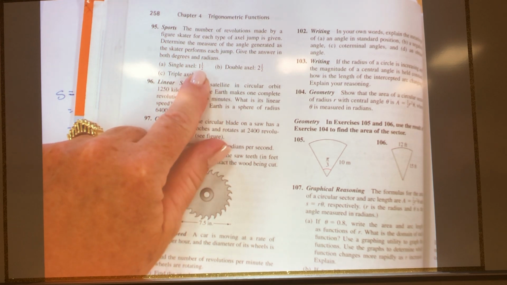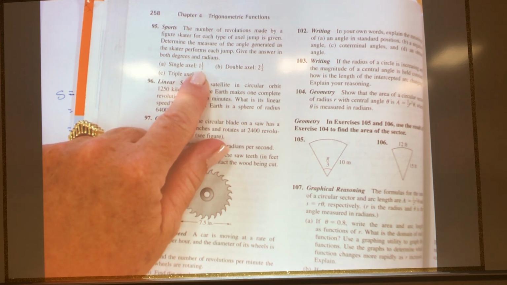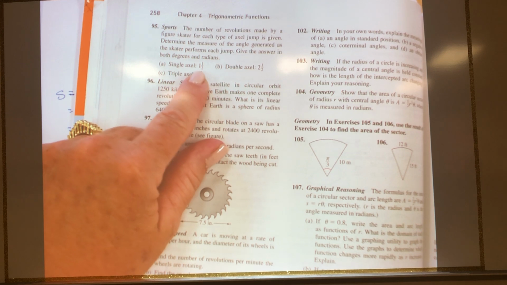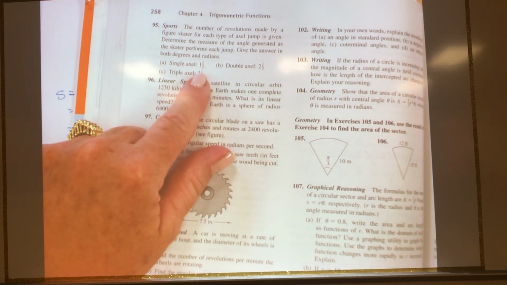All right? A single axle is 1 1/2 revolutions. So what's the angle that the skater turns? Well, it's 1.5 times 360. Do you agree with that? 360 is all the way around, and then it went another halfway around. So what is 1.5 times 360? 540.